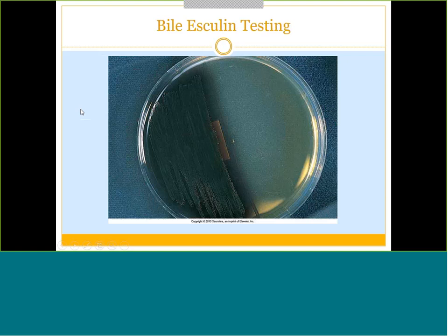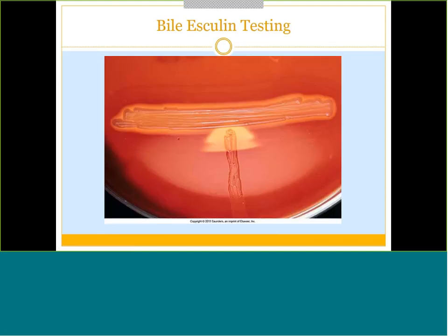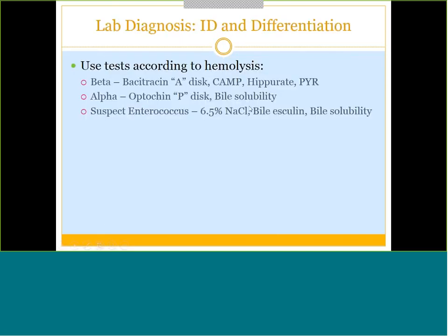You can also do a bile esculin test if you have Enterococci. Enterococci is bile esculin positive. Everything else that we've been talking about would be bile esculin negative. There's a couple others. I'll just go back. Bile solubility. Strep pneumoniae will be bile soluble, so that would be positive.